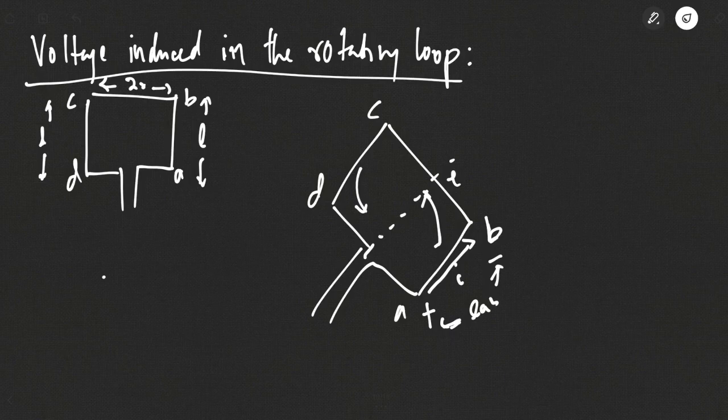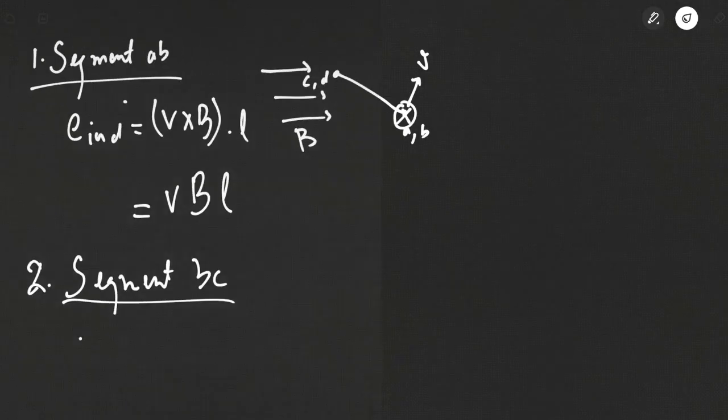The induced voltage in this case is 0. In the first half of the segment, the quantity V cross B points into the page, but in the second half, from E to C, the quantity V cross B points out of the page. So that makes sure that the induced voltage in this line segment is 0.